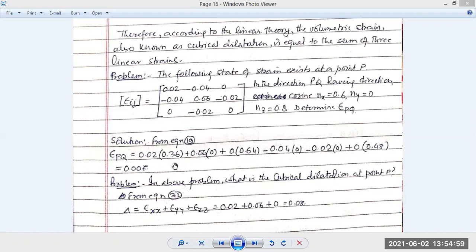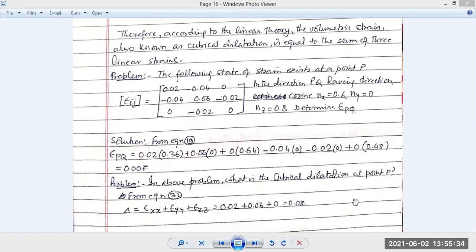If we put the respective value of 0.02 as epsilon xx from here and multiply by 0.36, and 0.06 is epsilon yy, and ny is equal to 0, so it is 0, and epsilon zz is equal to 0 here. Putting these values accordingly, we have got this equation of epsilon PQ equal to 0.0072 itself.